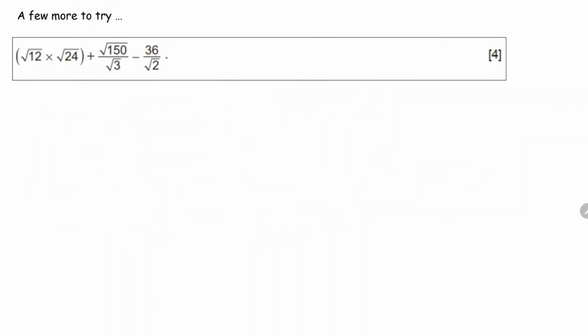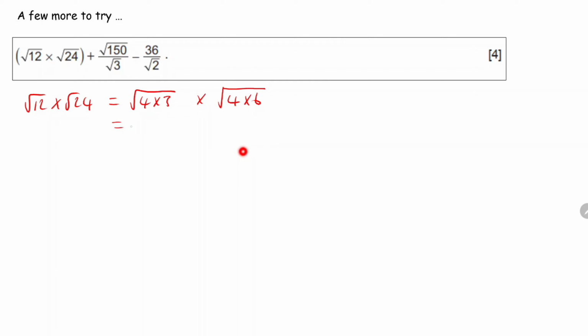Okay, question 2, second one. Let's simplify it in parts again. So we've got root 12 times by root 24. Now, what it might be a good idea to do here is to simplify both individual parts first. So root 12 can be written as root of 4 times by 3, and root of 24 can be written as root of 4 times 6.